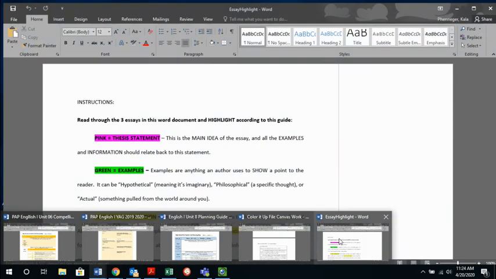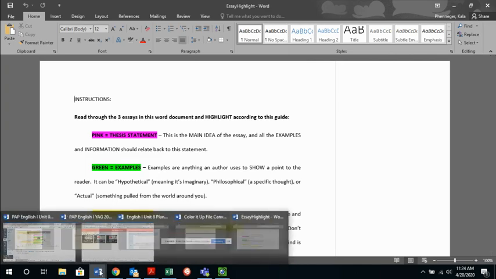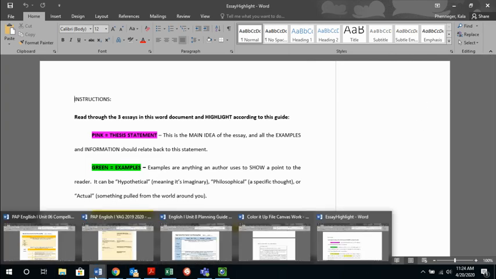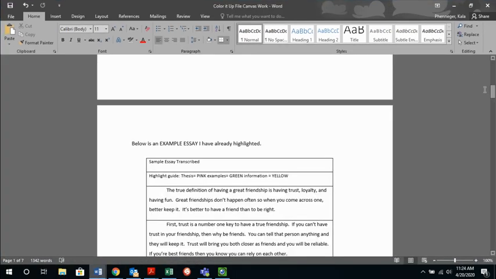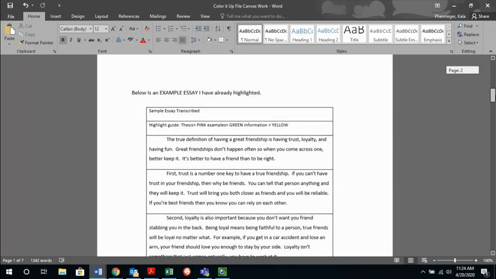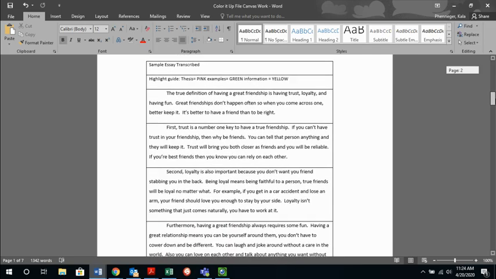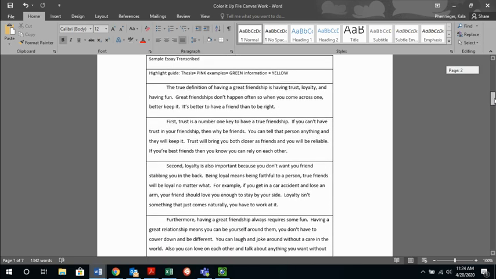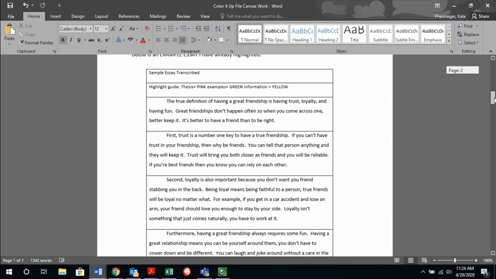And 100 files open. This is what yours will look like. I have all of that information up here at the top for you. The key that we'll be using: pink will be the thesis statement, green will be the examples, yellow will be the important information, and then you'll leave white the extra or unneeded information. So I have boxed each paragraph of this example essay to separate it.